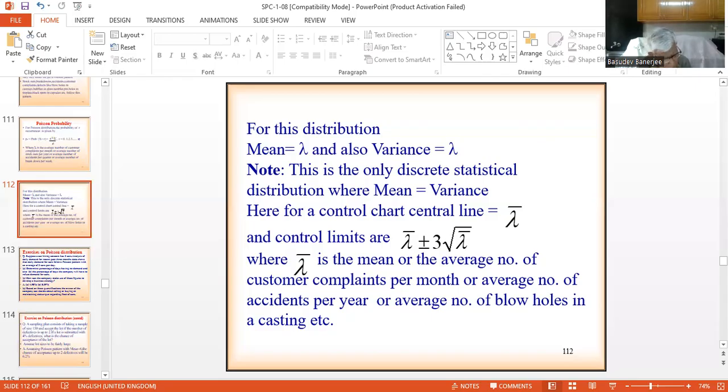Lambda is equal to 3. The page number is 30-44. For lambda equal to 3, r equal to 0 is 0.0498, roughly 5%.